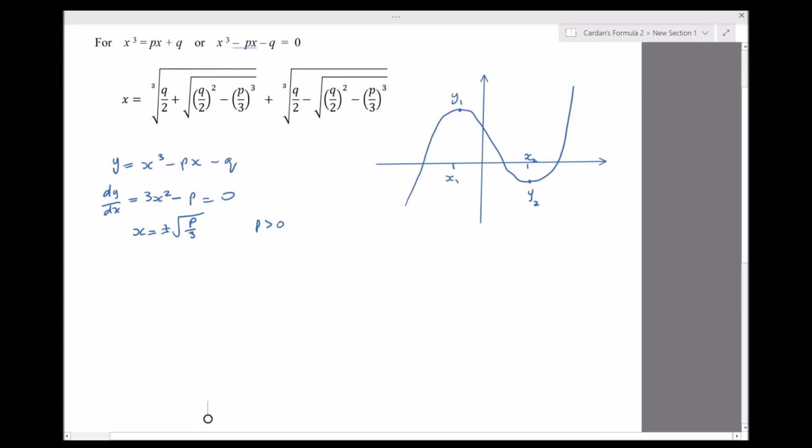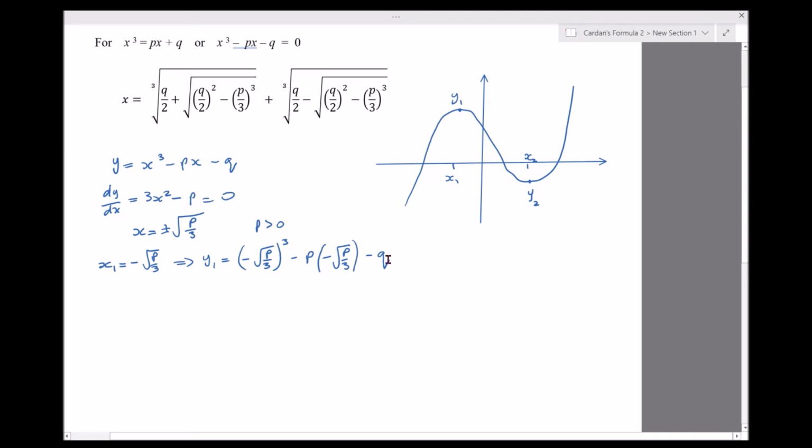Right, let's take the first one. x1 equals minus root p over 3. That will give us that y1 is equal to minus root p over 3 cubed, minus p times minus root p over 3, minus q.